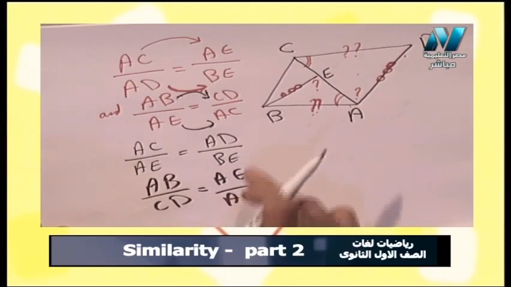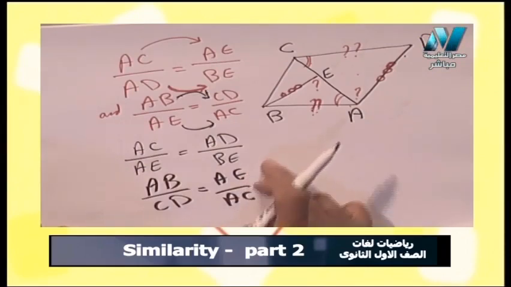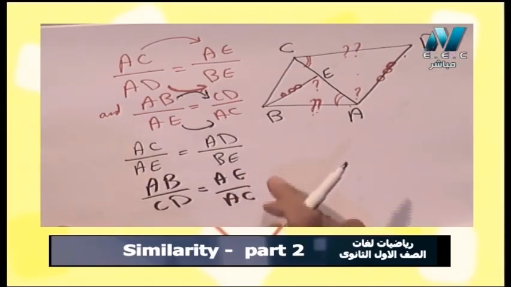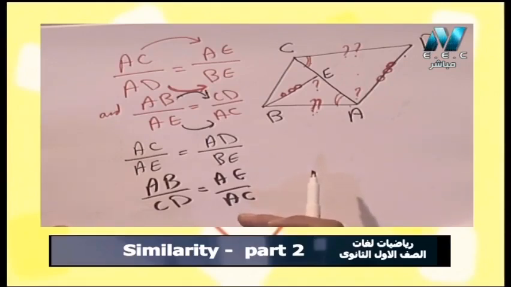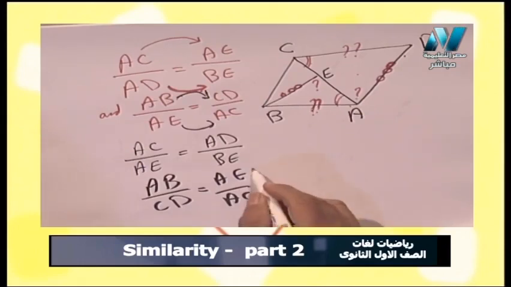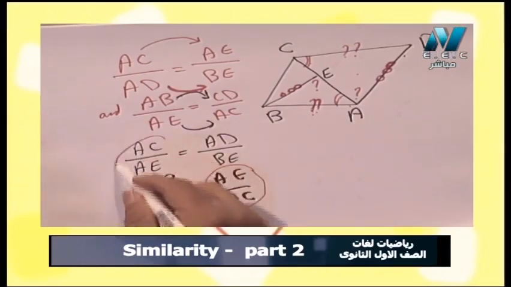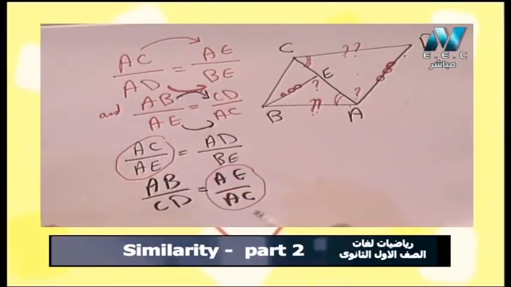Try to look carefully at these two ratios. Try to concentrate to find out what's similar, what's the same. You can notice that this ratio is the same as this one, but it's reciprocal. So we can put this ratio as the following.